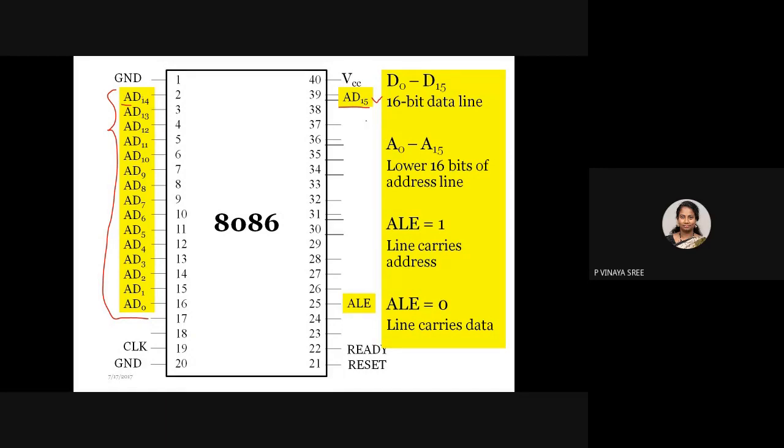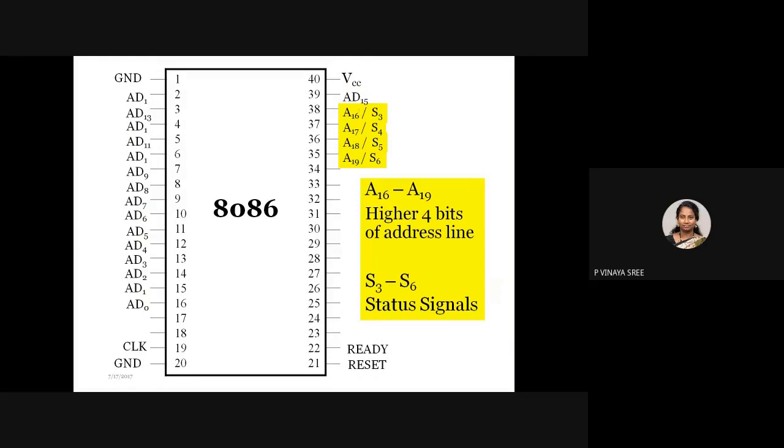But still, 8086 has a 20-bit address, so beyond A15 we need to get until A19, so that we get 20 address bits, as it starts from 0. Data is over. For that, these are also multiplexed lines where we combine the address with status bits: A16, 17, 18, 19. For this we will have the status pins S3, S4, S5, S6.